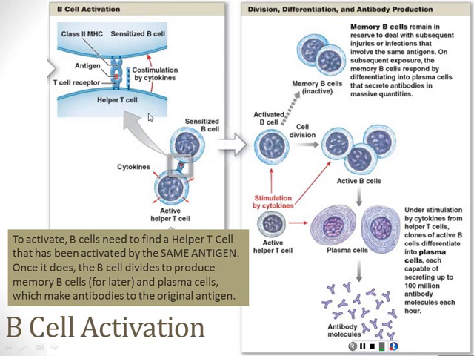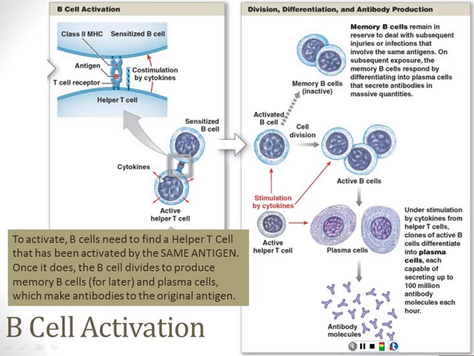The T helper cell shows, yes, that's a bad thing. Let's get rid of it if we want to destroy that antigen. So once that activation or co-stimulation happens, then the B cell is activated. Okay? So in order to get an active B cell, we have to have an active helper T cell first.